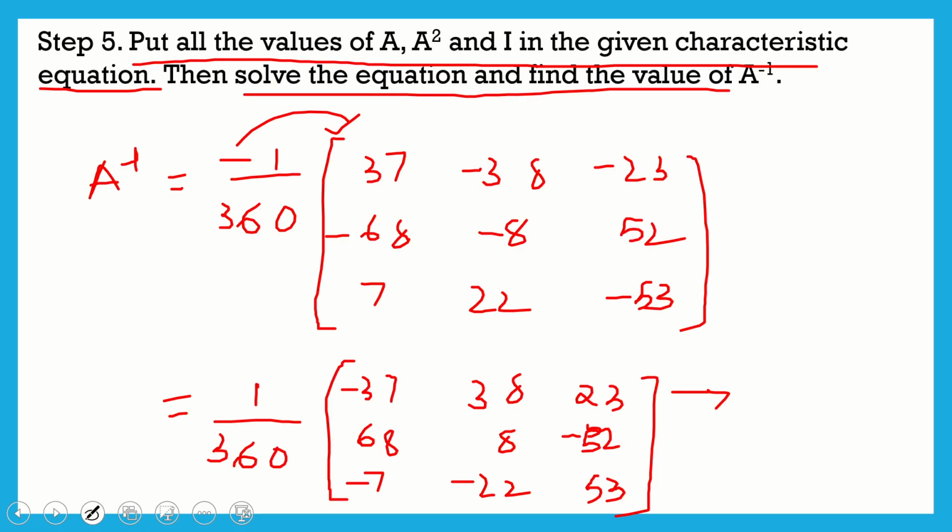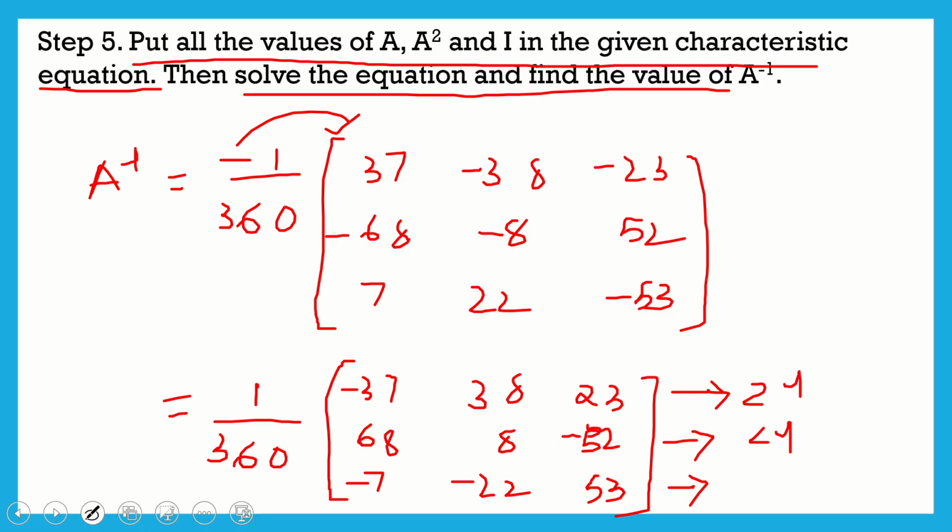So now you have to add here, and here also. Minus 37 plus 38, you will get 1, and 1 plus 23 you get 24. Add the second row, 68 and 8 is 76, and 76 minus 52 is 24.